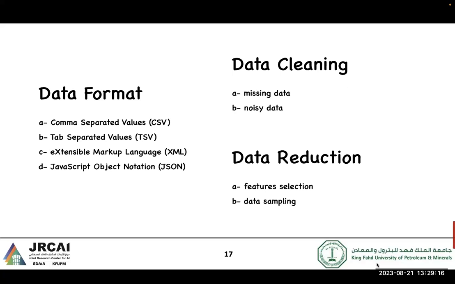Sometimes you have big data with a huge number of features, so it's recommended to do some kind of feature selection. At the same time, maybe your model cannot learn from the whole data, so you can do some kind of sampling.